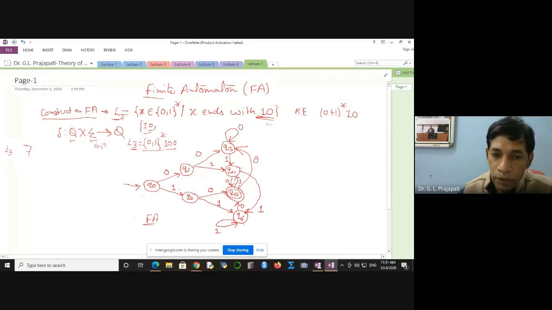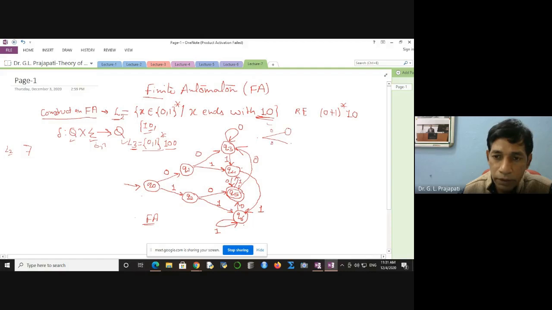So if you are supposed to construct the machine for L3, then what do you need to update here? You just go one step further. If you are at the state Q3, because you need to remember the length 3, you have to go further, and again for 0 or 1 you have to define the transition.